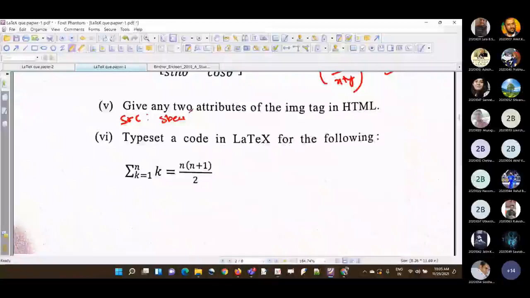So you have the answer of the 5th part, and then the 6th part I think you can write easily.